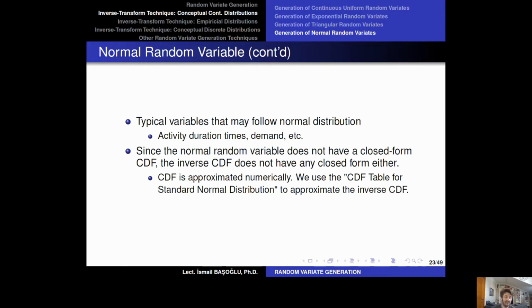Now you see, take the activity duration time for any activity. Imagine you are just going to visit the hairdresser shop for a haircut. A haircut operation consists of too many but short tasks, right? First they comb your hair, then they make basic cuts, then they shorten your hair, and so on and so forth.